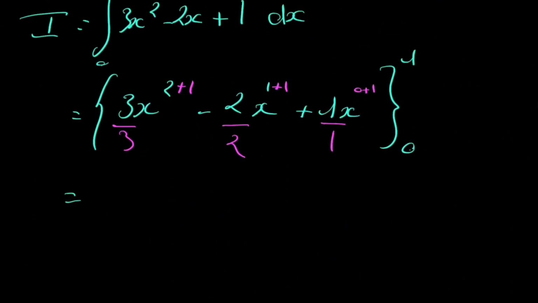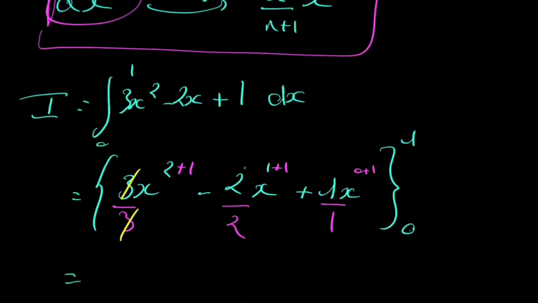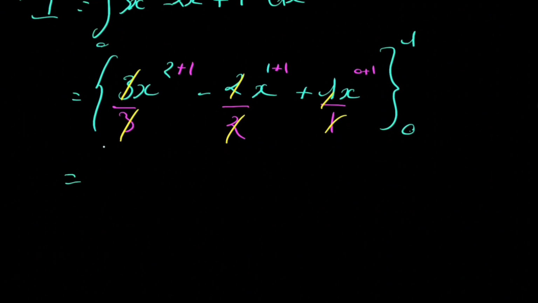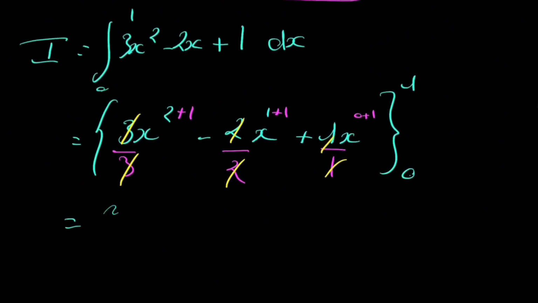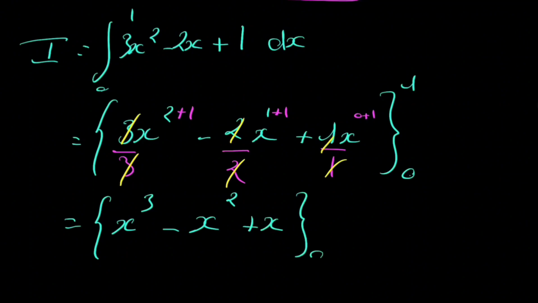So let's simplify 3 and 3, 2 and 2, and 1 and 1. It is equal to x to the third power minus x squared plus x between 0 and 1.